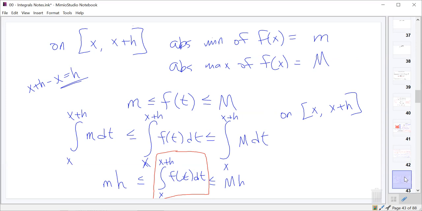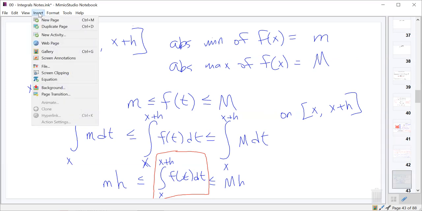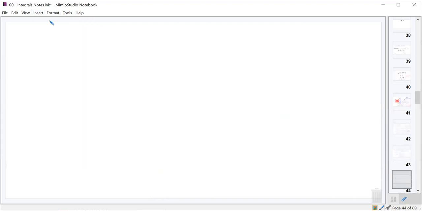So we're just going to do it one way here. We're assuming that h is a positive value, and that when h approaches 0, we approach from the right-hand side. We're just going to divide all of these by h.